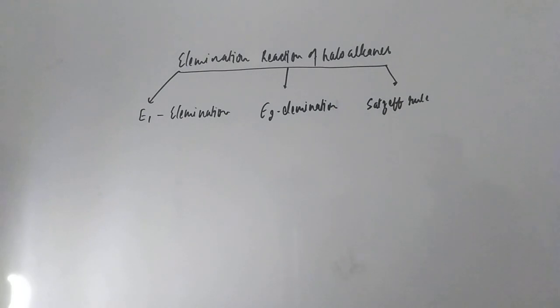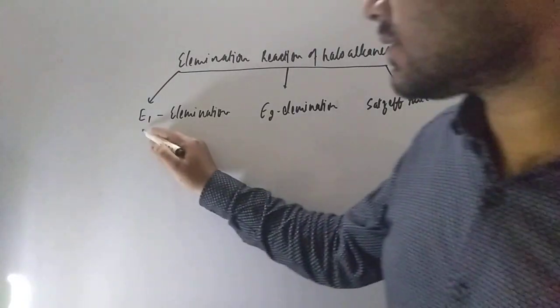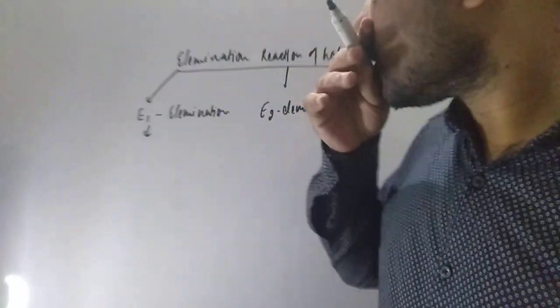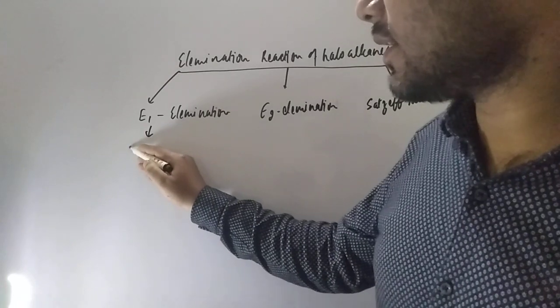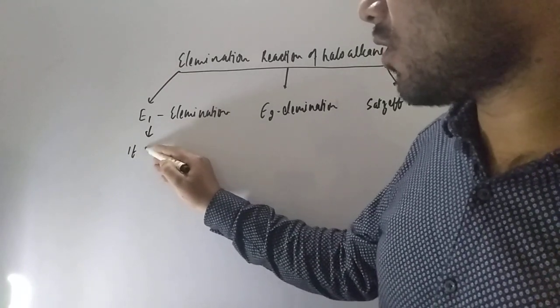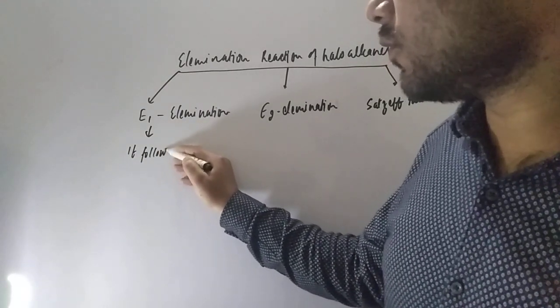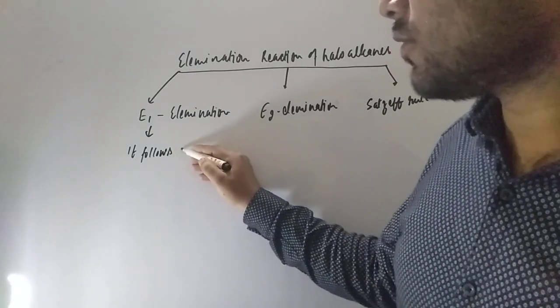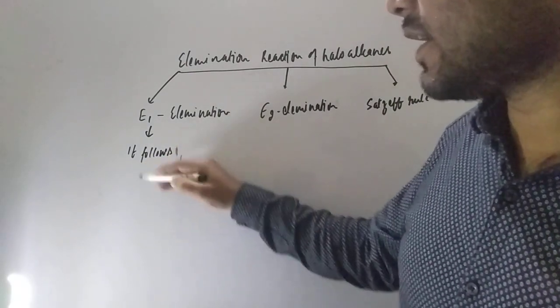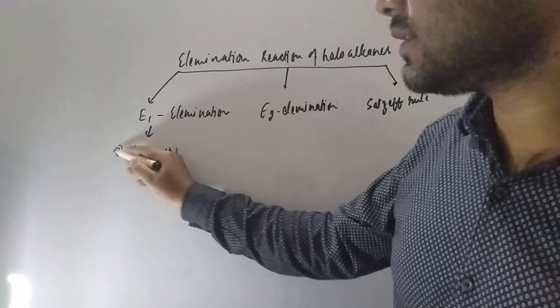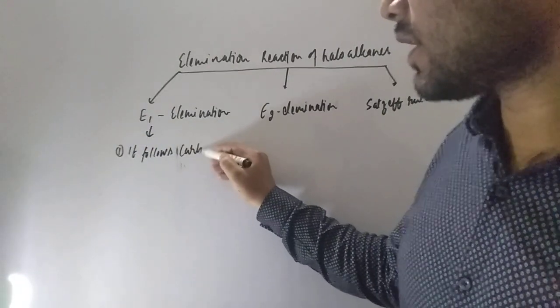So what is the process for the E1 elimination reaction, students? E1 elimination is just like the SN1 type. It follows carbocation formation.